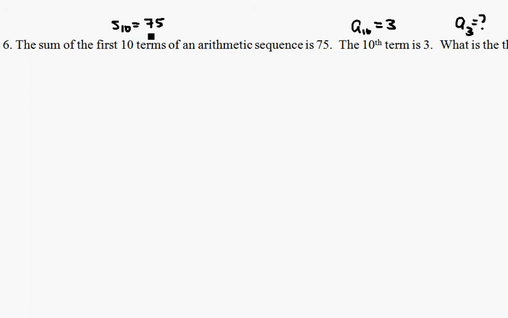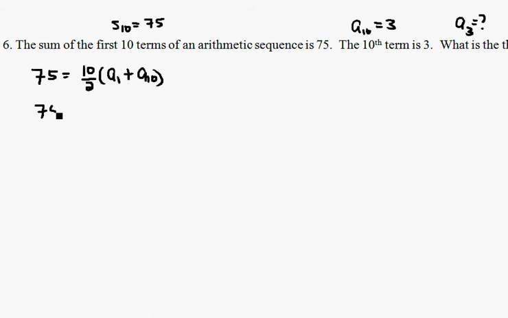So the sum of the first 10 terms is 75, so I can write that as 75 is equal to 10 divided by 2, the first term plus the last term. So I'm just using the simpler of the two arithmetic sum formulas. The first term I don't know, but I happen to know the 10th term is 3.